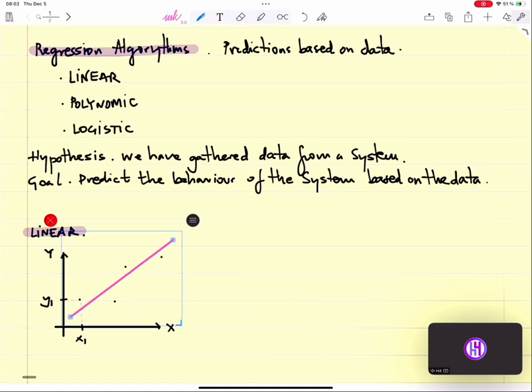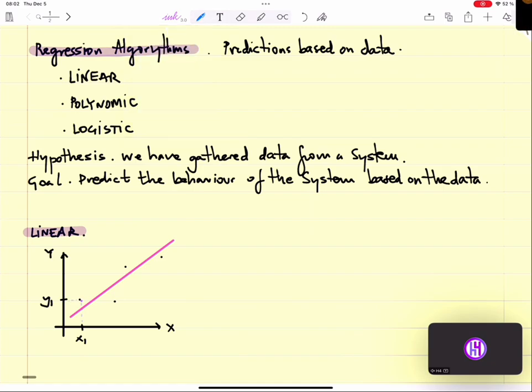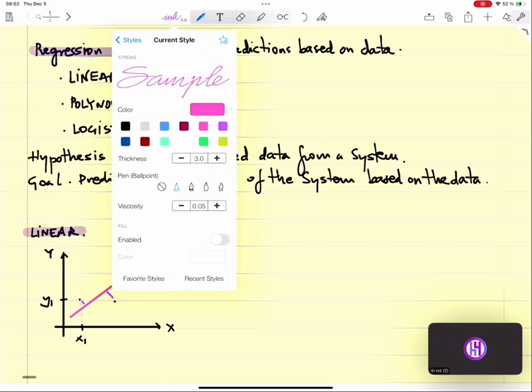So if we draw a line in the space and we calculate the distances between all the points and this line, we would like to find the line that has the minimum distance.